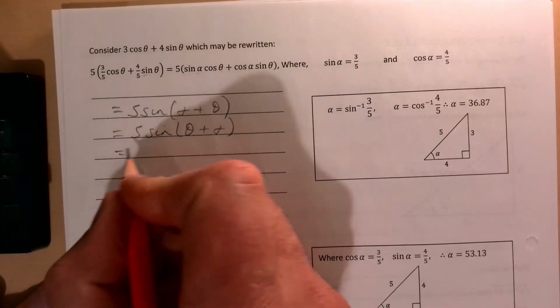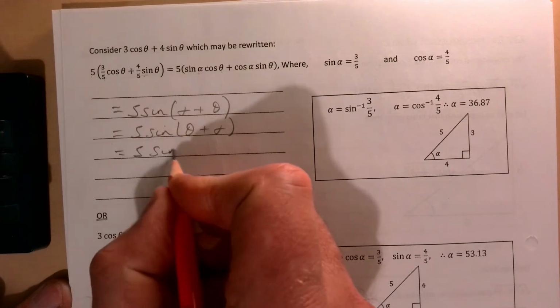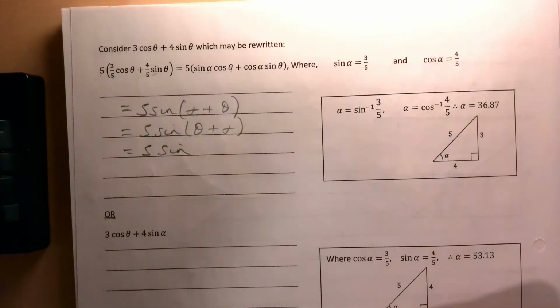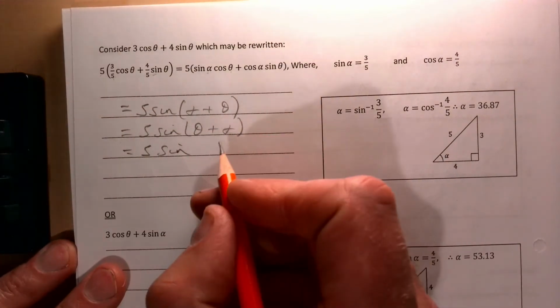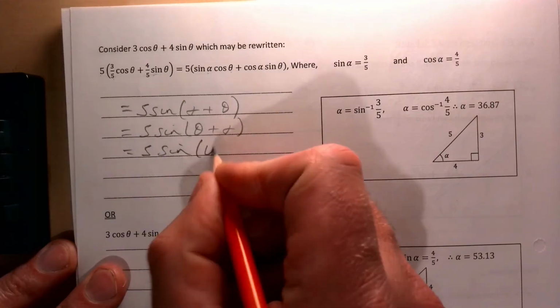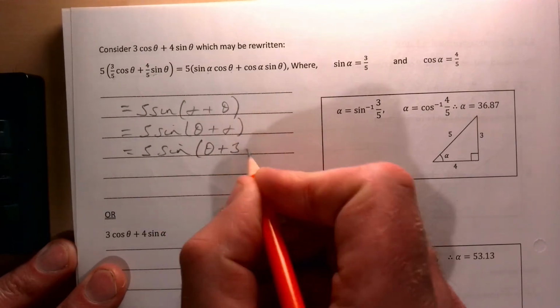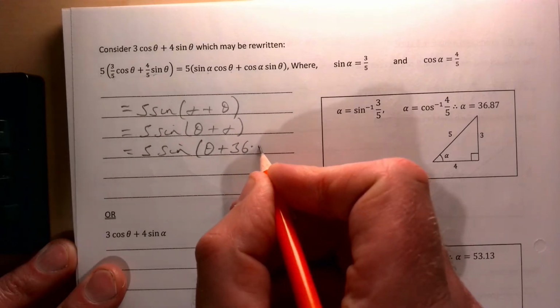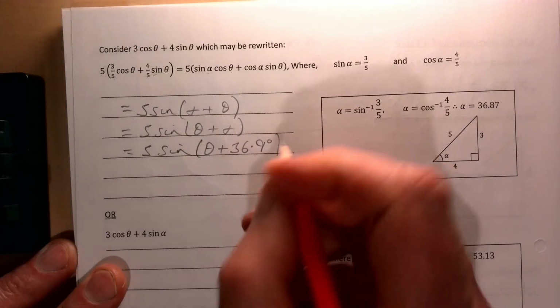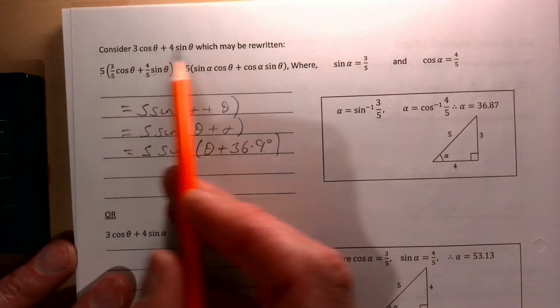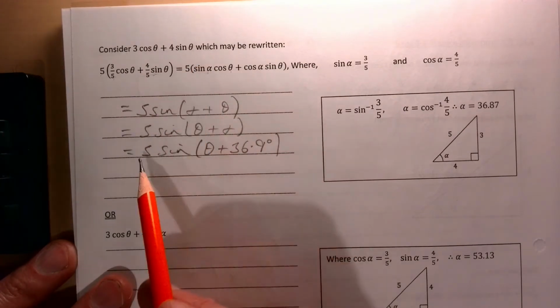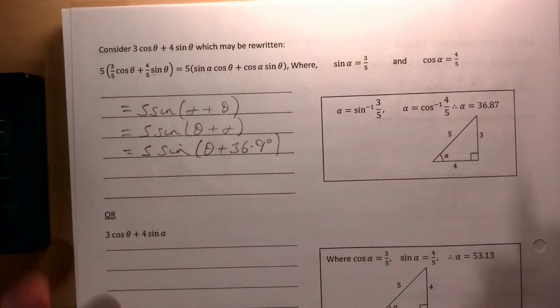Unsurprisingly, this is the same as 5 sine theta plus 36.9 degrees. So sometimes you're asked to write this in the form r sine theta plus x or something like that.